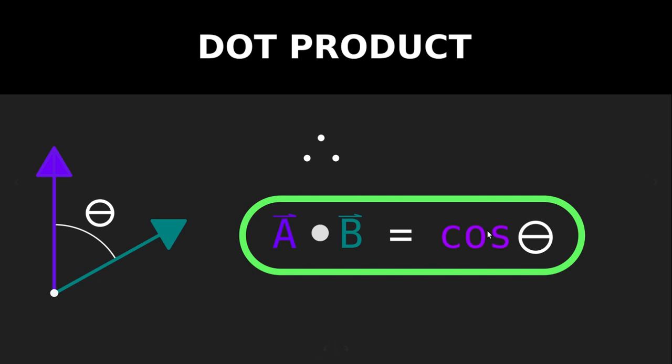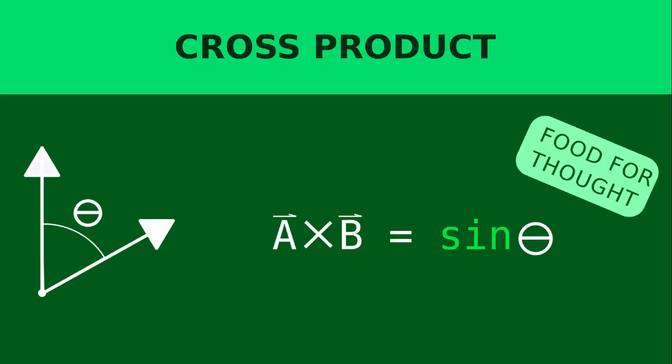How convenient. Just food for thought, there's also another way to multiply vectors, and that's the cross product, and the cross between two vectors is equal to the sine of theta instead of the cosine. We're not using that in this video, just thought I'd throw it out there.